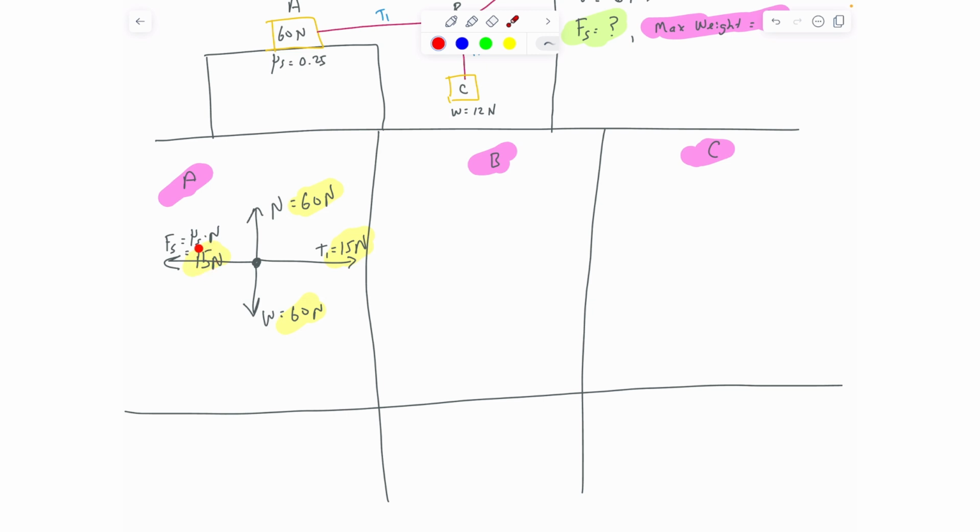The maximum force. So T1, let's imagine T1 was 1 newton, pulling in this direction. Well, what that means is that the actual force over here is 1, because remember, nothing's moving. If this is 1 newton in this direction, it also has to be 1 newton in this direction.